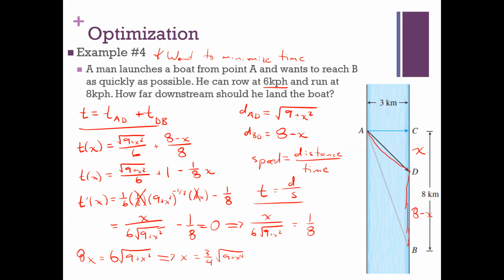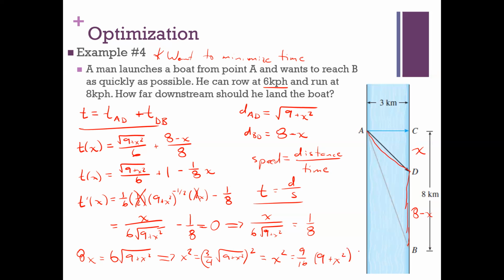Sebastian? Yeah, I'll do that now. So, did you say square or square root both sides? I'm going to go with what I think you meant. So this becomes x squared equals 9/16 times 9 plus x squared.